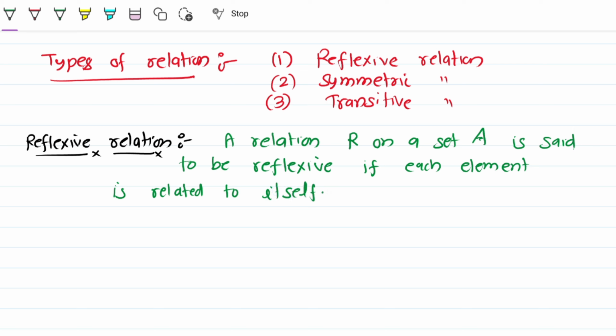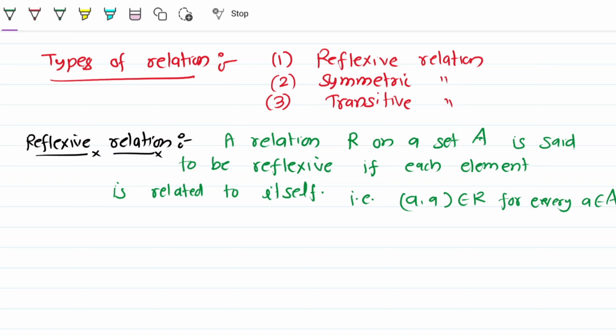What do we mean by this? Each element is related to itself. Mathematically I can write (a, a) belongs to R for every a belongs to A.